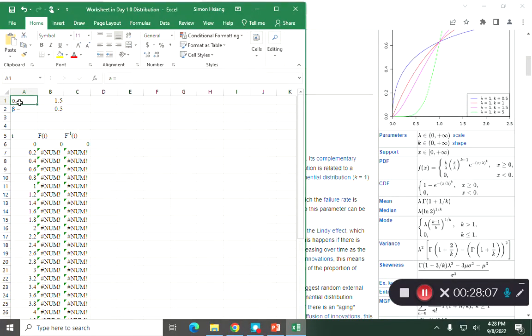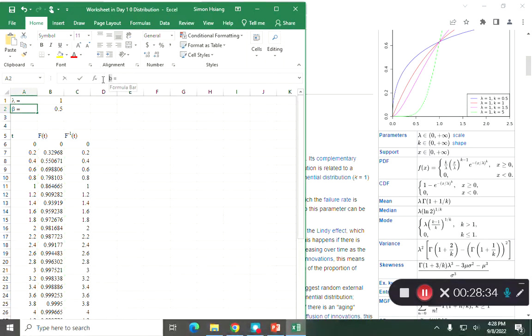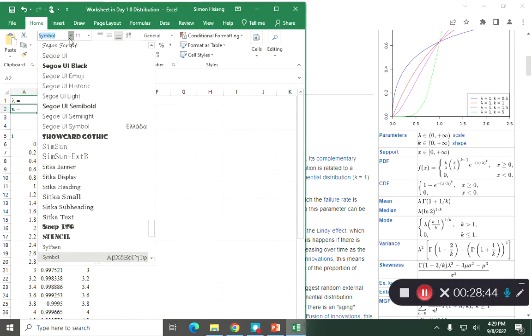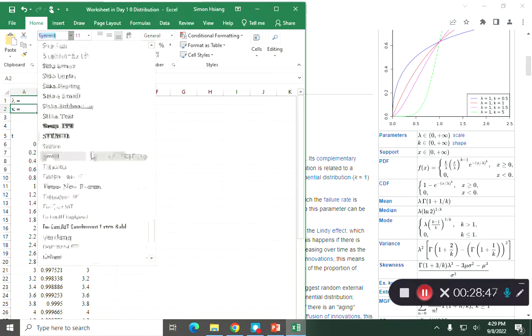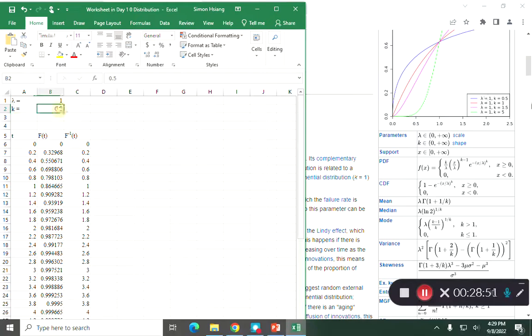I don't know what our value is here. Let's have lambda equal to 1, and k equal to 0.5, like what he did.